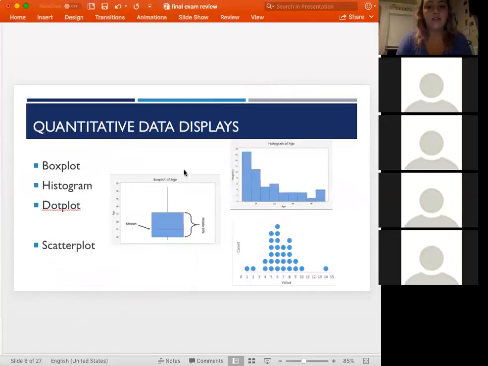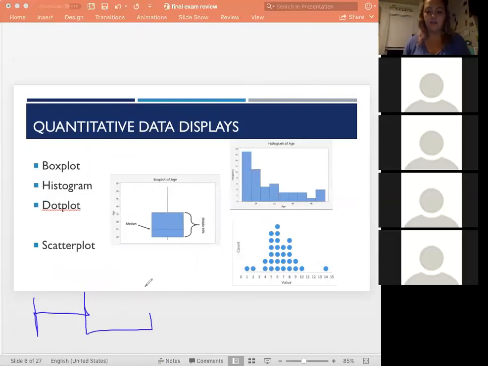So we have our quantitative data displays. Our box plot, histogram, and dot plot are going to be the ones represented right over here. We'll talk about scatter plots in a second, but these are ways you can represent quantitative data. Our box plot is the one where we can talk about our quartiles. If we draw it out down here as an example, just remember what is shown on here. We have our minimum and our maximum.